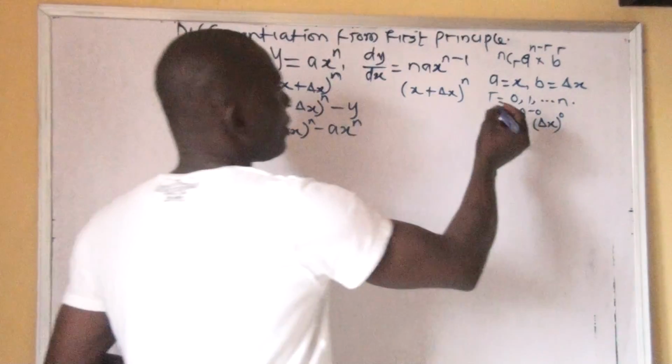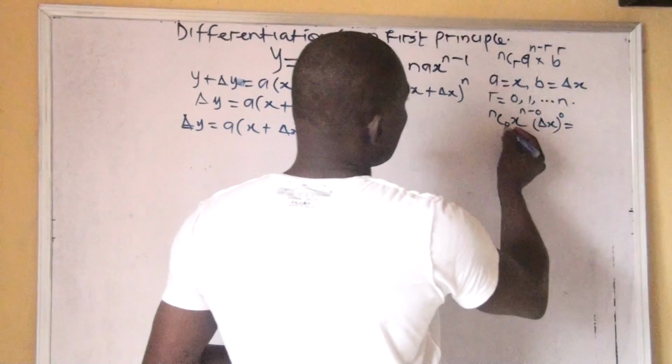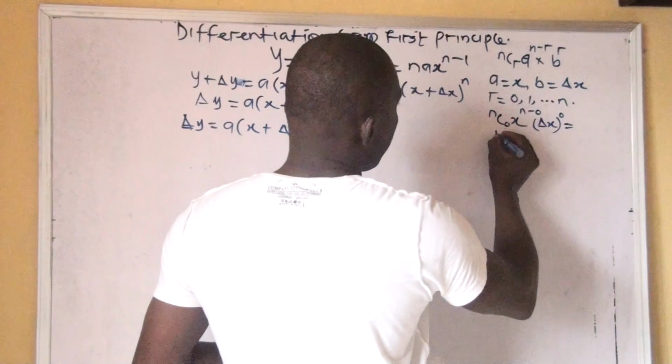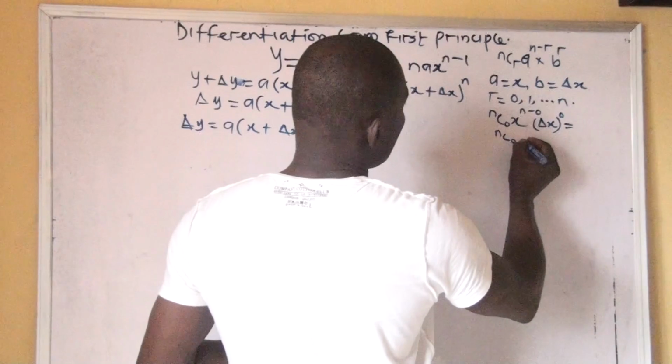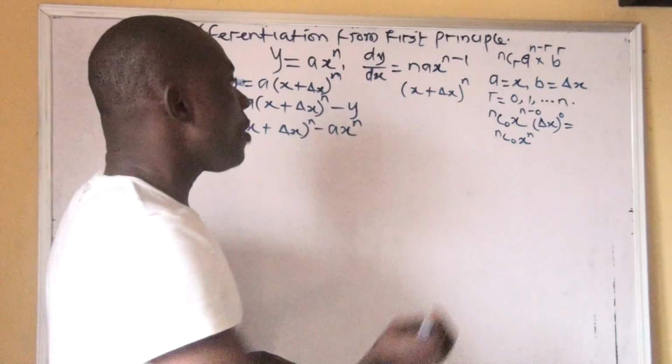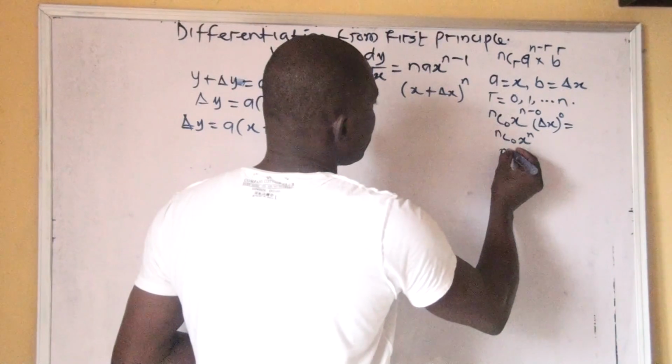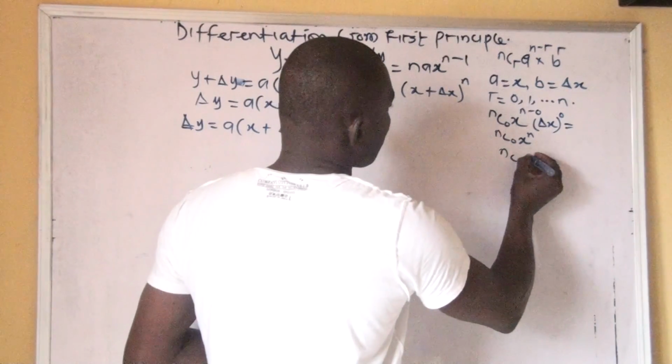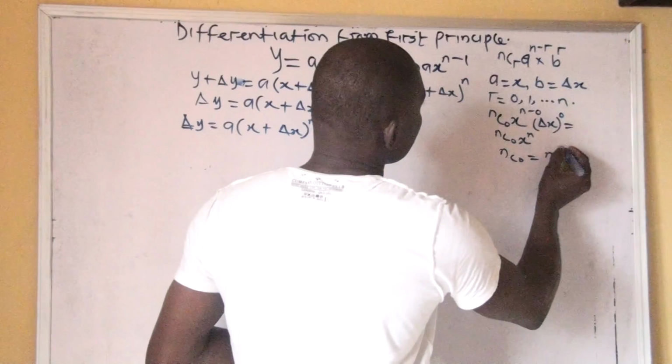Anything raised to power 0 is 1. So here we have n combination 0 times x raised to power n, and n combination 0, let's expand it, is n factorial.